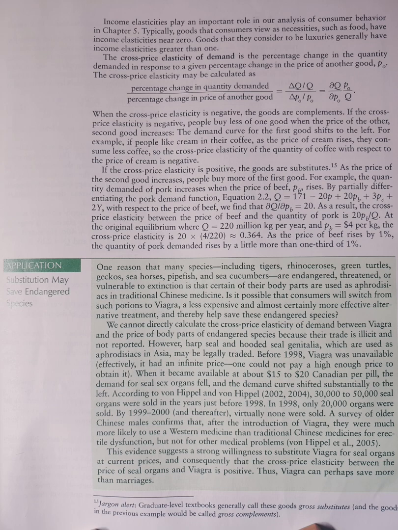According to von Hippel and von Hippel 2002 and 2004, 30,000 to 50,000 seal organs were sold in the years just before 1998. In 1998, only 20,000 organs were sold. By 1999 to 2000 and thereafter, virtually none were sold.